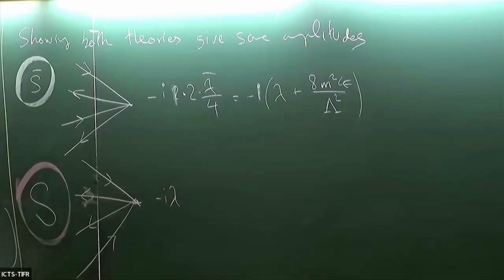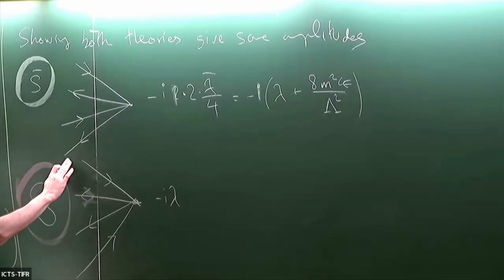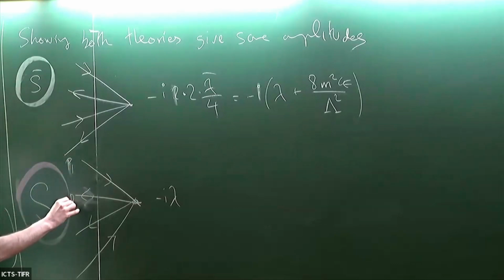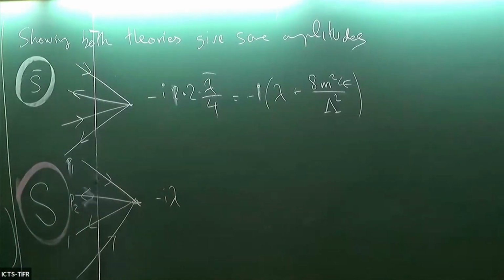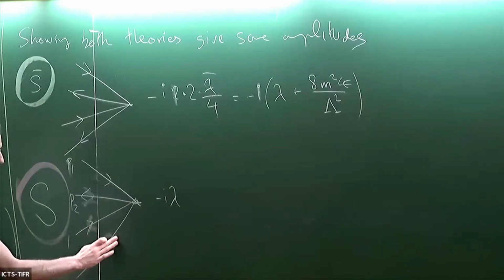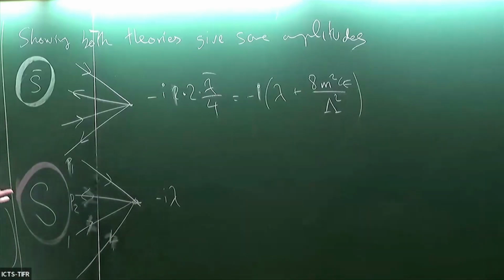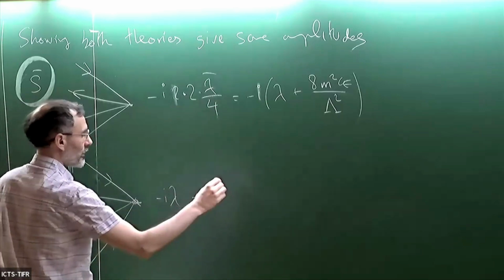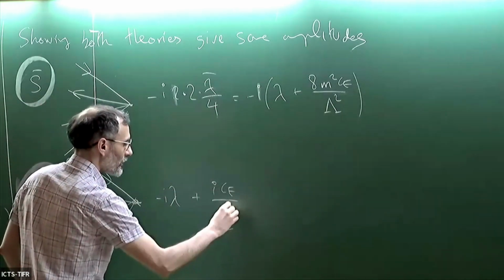Now we have to put labels on these. So let's call this momenta P1, P2. Let's make it so that even and odd are particles and antiparticles, P2, then this is P3, and this is P4. Very well. Then that extra piece is going to have, first of all, the coefficient that's in front of it with an I, CE lambda squared.